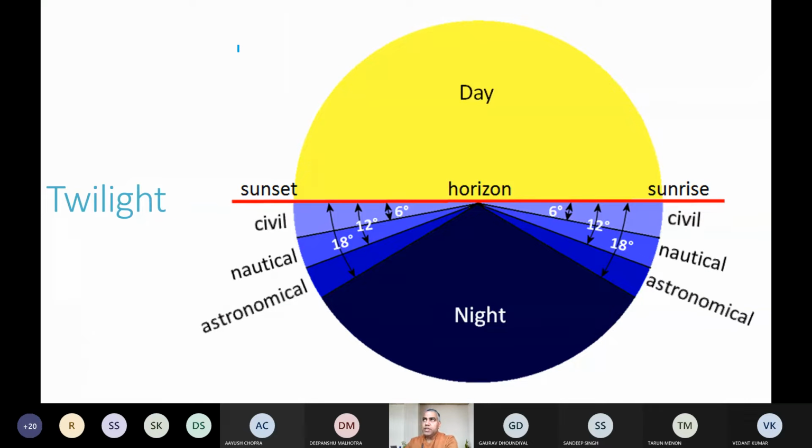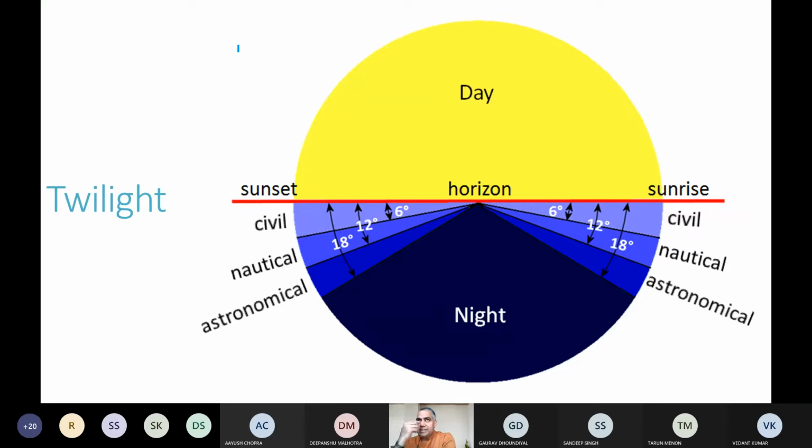Okay, next comes the concept of twilight. So let's first understand what this twilight is. The light which we receive from the sun during the day is known as sunlight.